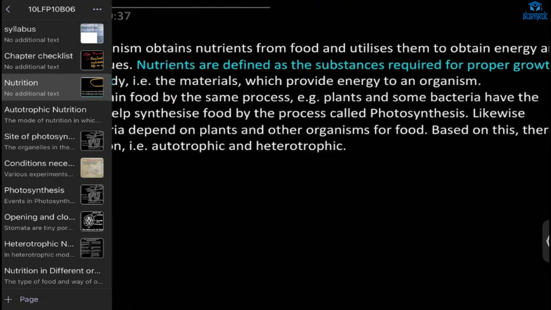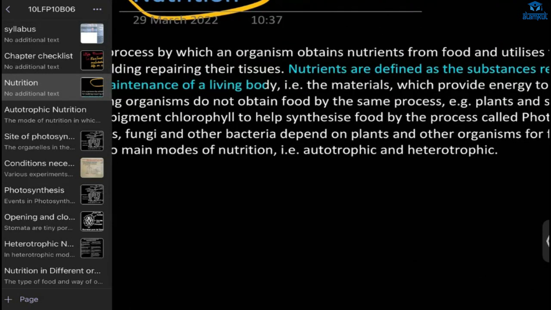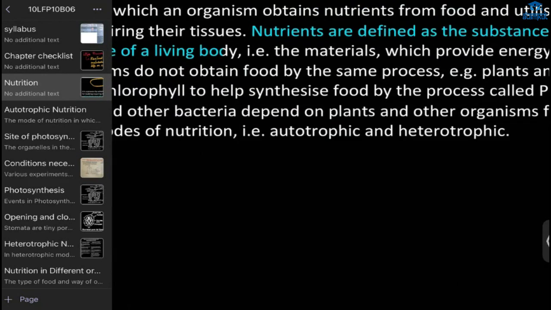Now here, different organisms have different modes of nutrition. The way they obtain their nutrition is different. So there are two types of nutrition: heterotrophic and autotrophic. There are three types in heterotrophic: saprophytic, parasitic, and holozoic.